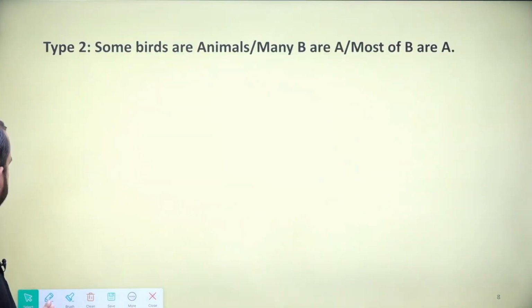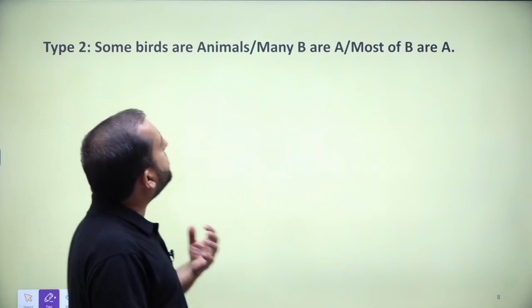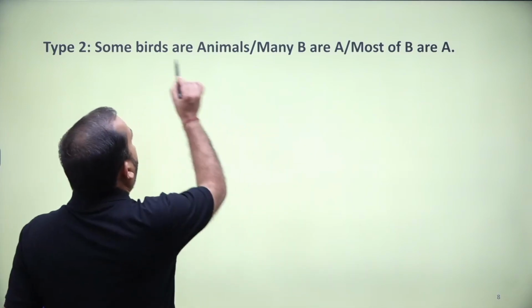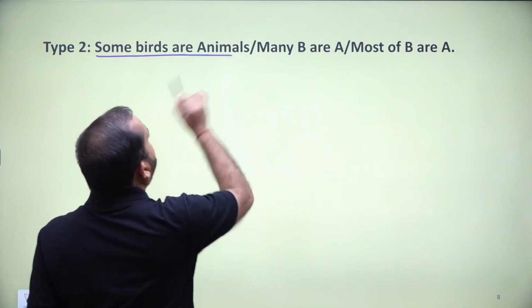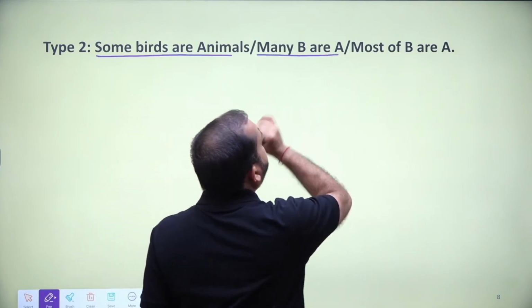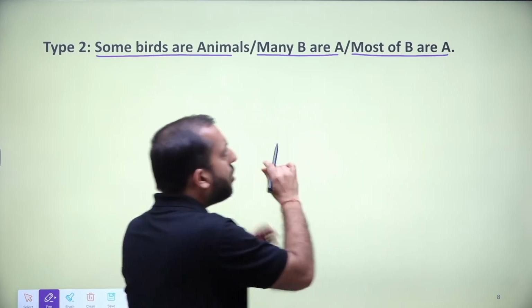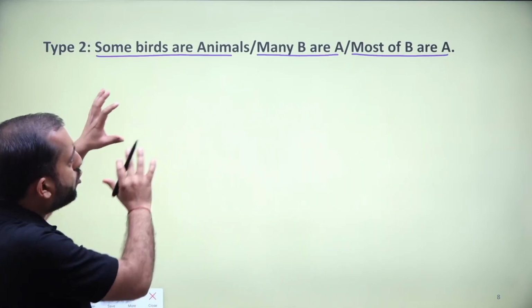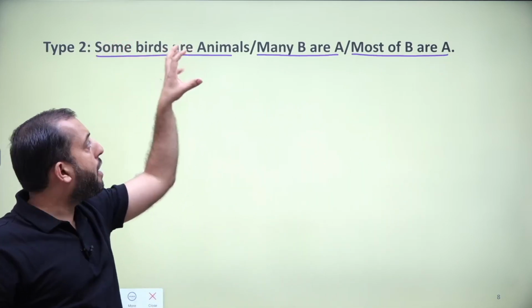Now the second kind of statement is some birds are animals. Whether the statement is like some birds are animals, many B are A or most B are A, all of these have the same meaning. Now how to draw the minimum overlapping diagram for this case?